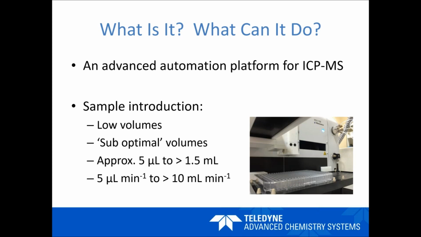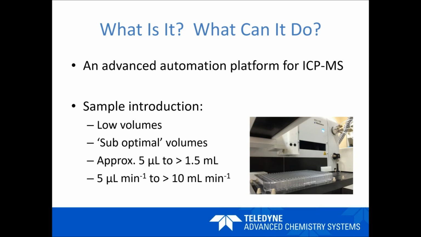What we can do with this system is introduce samples within the range of around about 5 microliters up to in excess of 1.5 milliliters to an ICP-MS instrument. I give an approximation here because you can move outside of those limits if you chose to, and I'll add some information to that as we go through.